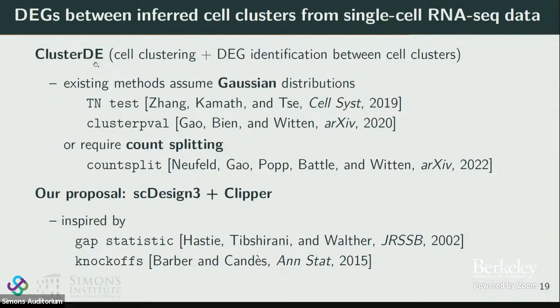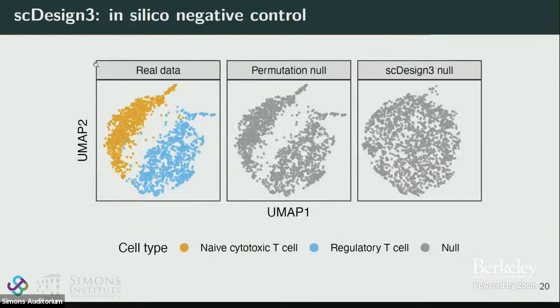So the whole idea is inspired by the gap statistic for selecting the number of clusters and the knockoff procedure for controlling the FDR, false discovery rate. So let's take a look at this data. This is the real data.